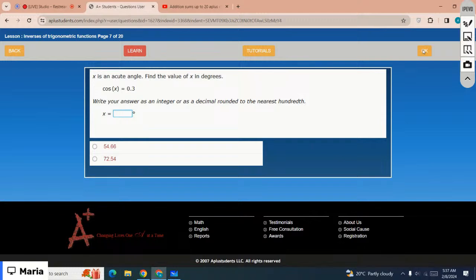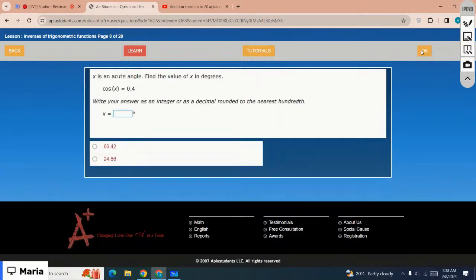You have to evaluate cos inverse 0.3, right? That is 72.54, the correct option. Option number 2, right?